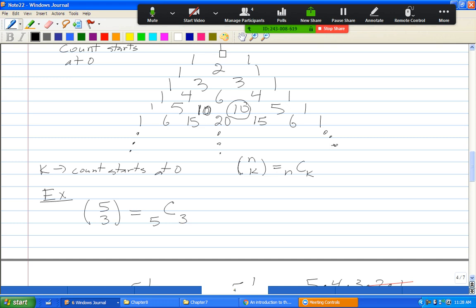Next, let's show that the way that you obtain a value in Pascal's triangle is you just add the ones above it.